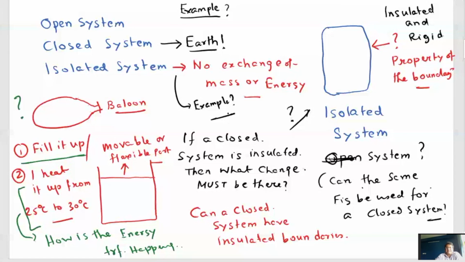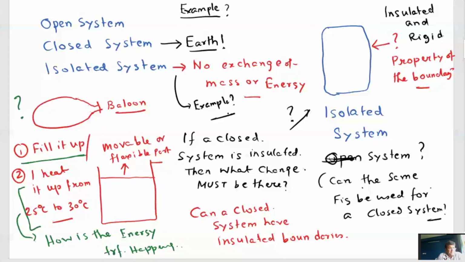A thermoflask is a slightly better example, because you have to heat up a calorimeter. About the universe, you don't know either. But we of course take the universe as one of the classic examples of an isolated system, and in the same spirit, we take the example of Earth as a closed system.